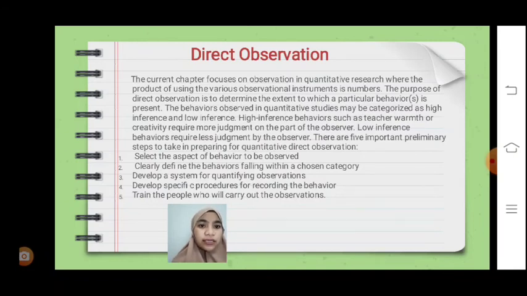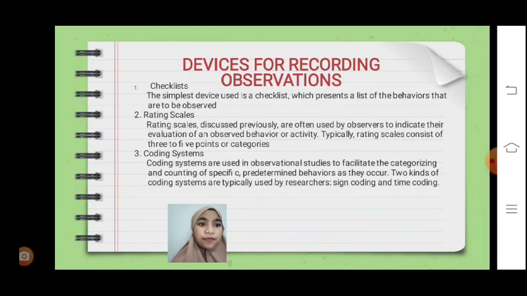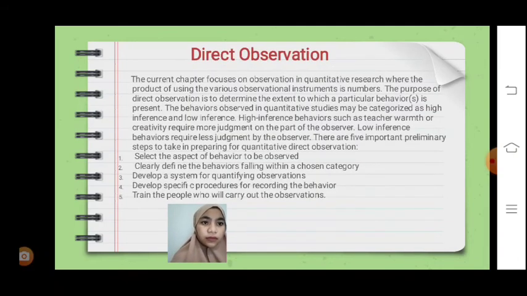Carefully define the behavior falling within a chosen category. 3. Develop a system for quantitative observation. 4. Develop specific procedures for recording the behavior. 5. Train the people who will carry out the observation.